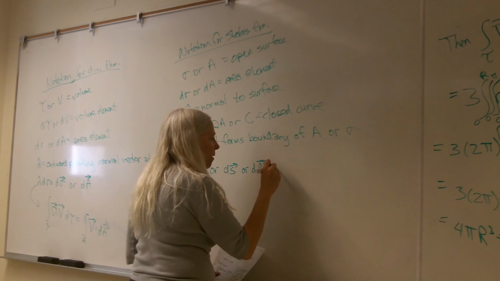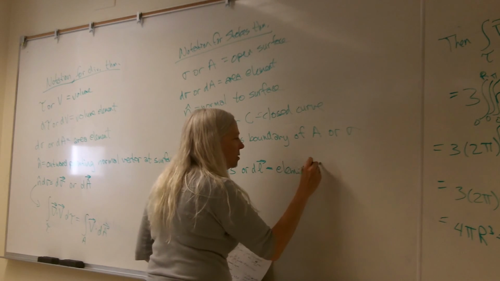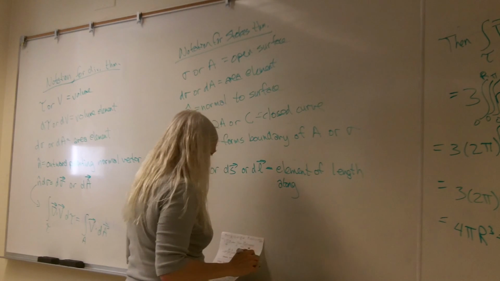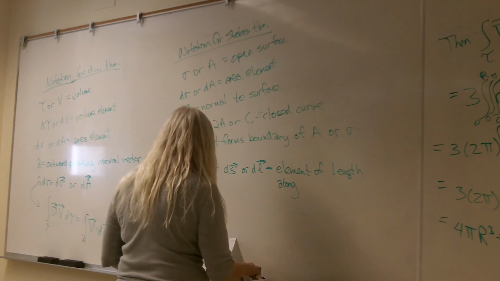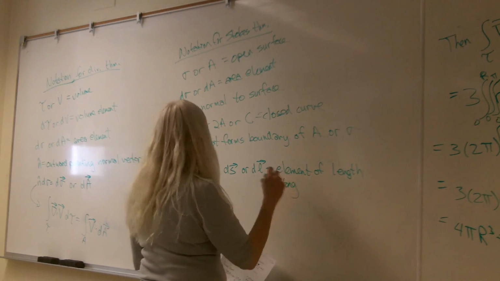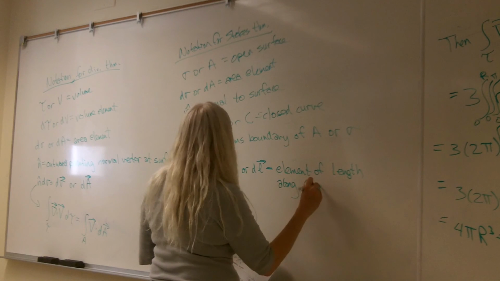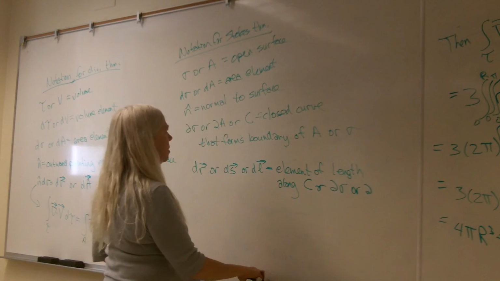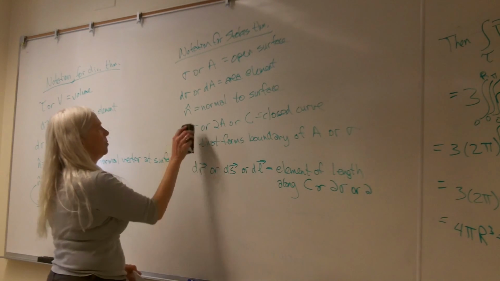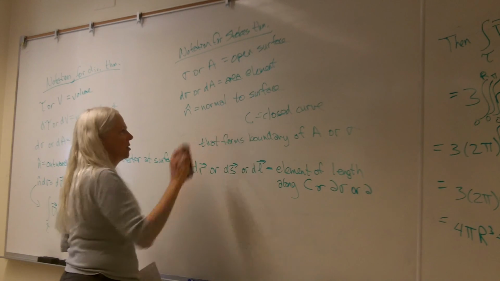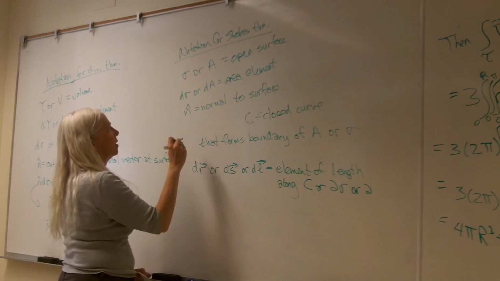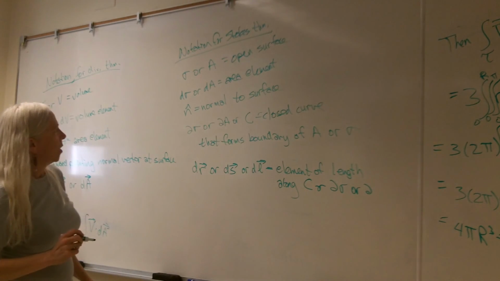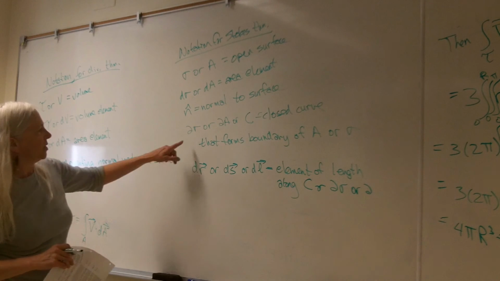This is an element of length along the curve C or delta sigma or delta A. I think it should be a delta in any case.